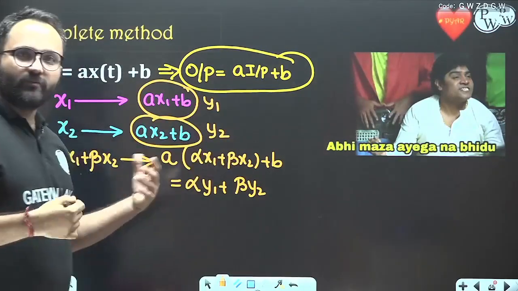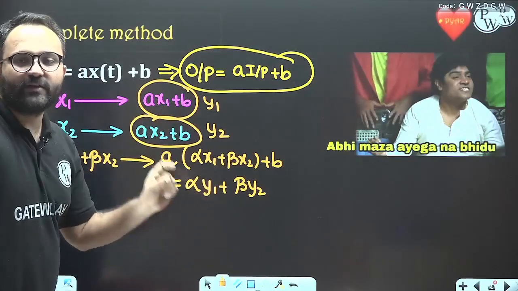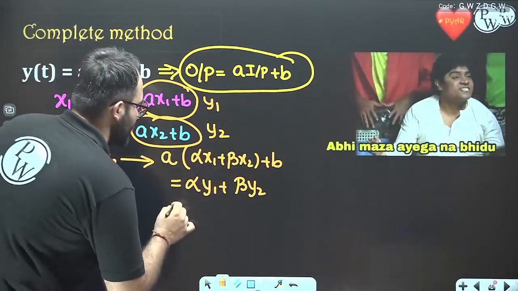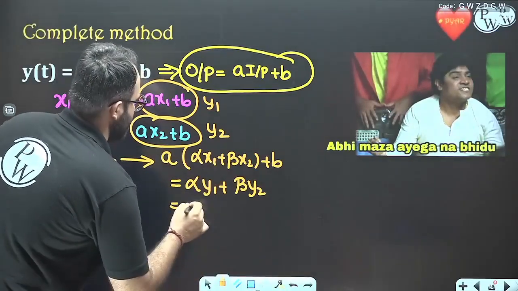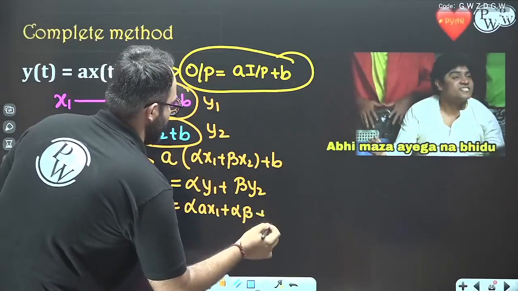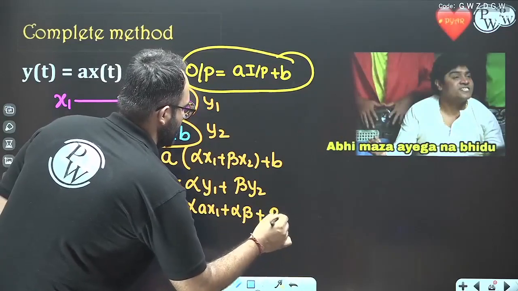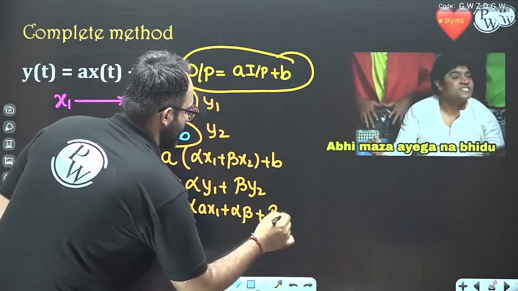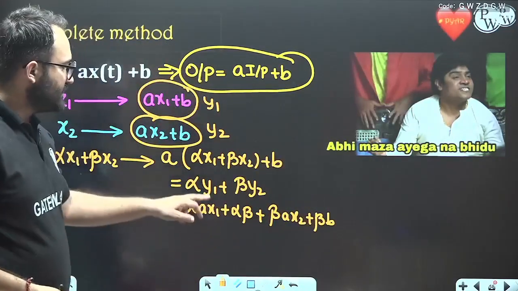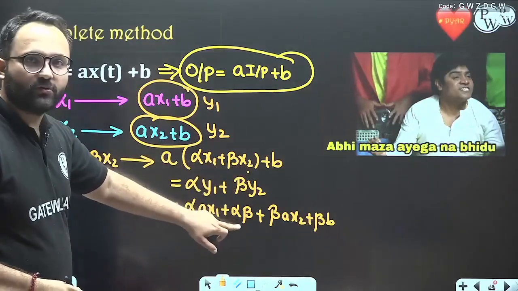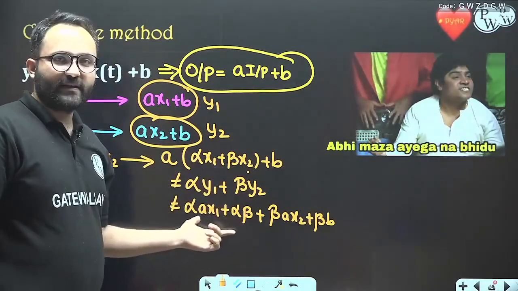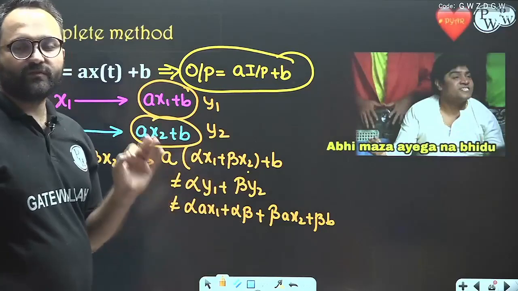So the output should be alpha times y1 plus beta times y2, but here we can see that the output is not equal to this, because alpha times y1 plus beta times y2 will have extra b terms. So we can see that this output is not equal to alpha times y1 plus beta times y2. So the system is non-linear.